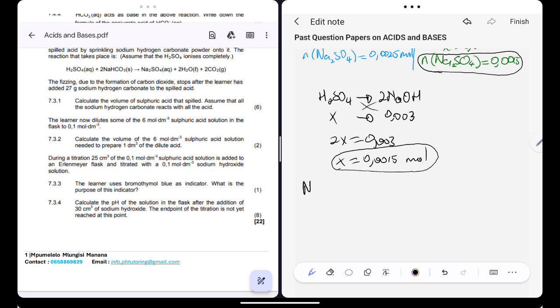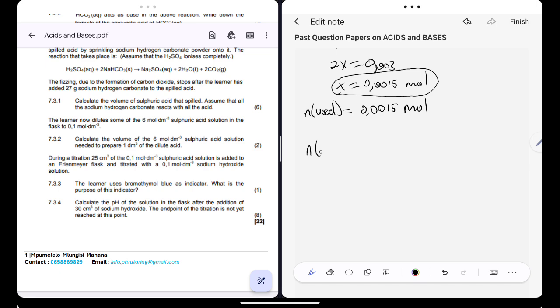So I'll simply say the number of moles which were used are simply 0.0015 mole. Remember that, guys, to find the pH, I must get the quantity which is in excess, because the substance which is in excess is the one that will help me to find the pH of my solution.